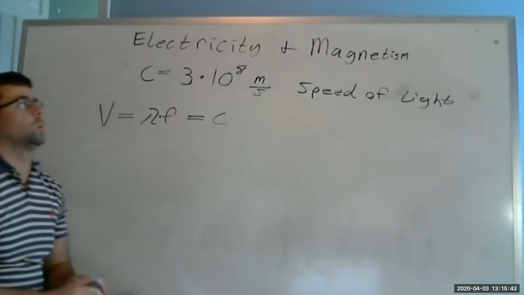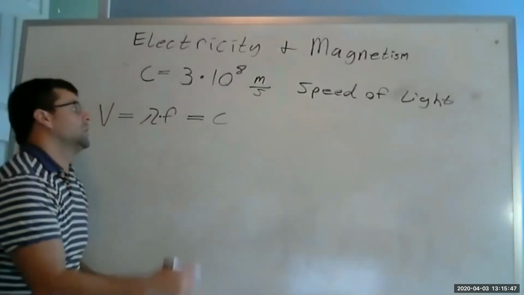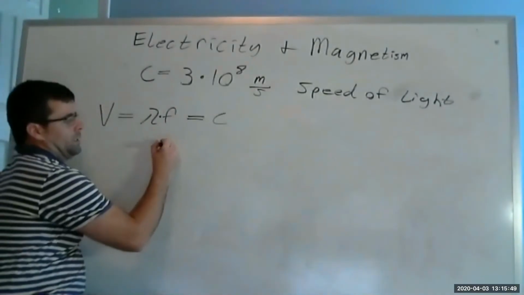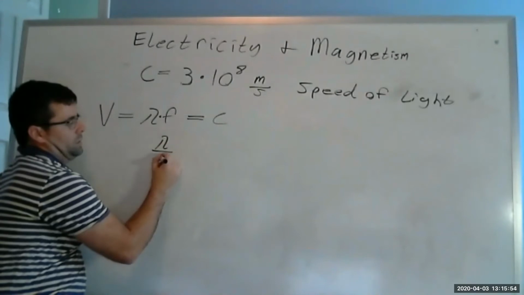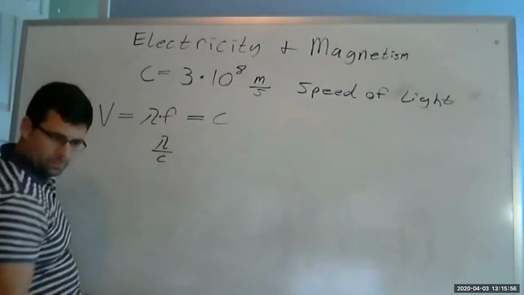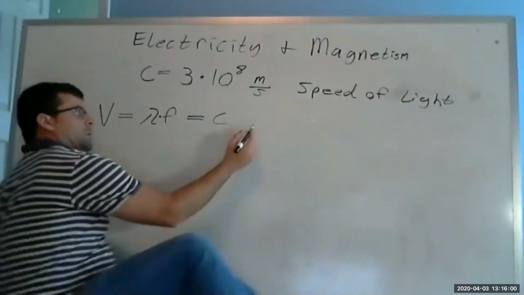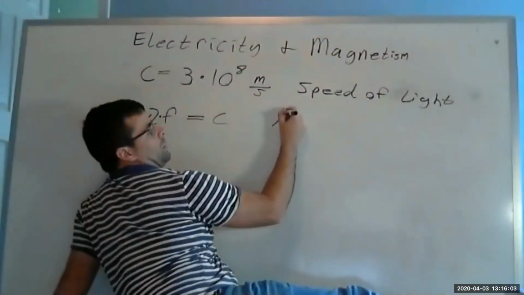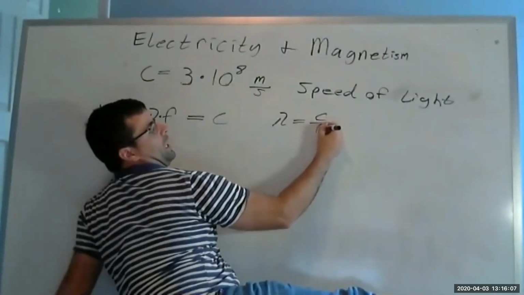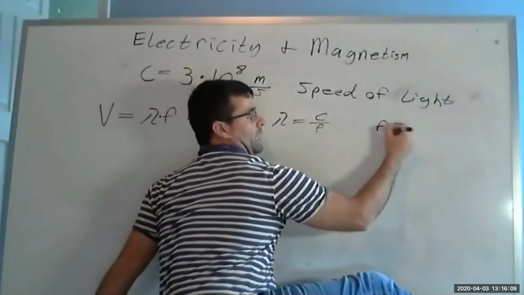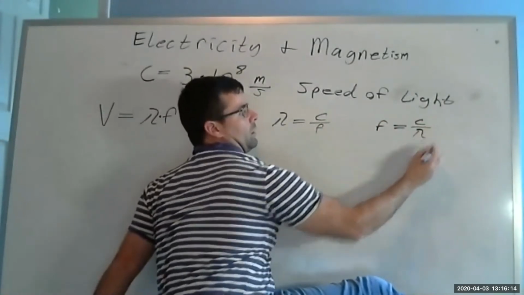Since lambda f is always c, you can change this equation to lambda equals c over f, or f equals c over lambda.